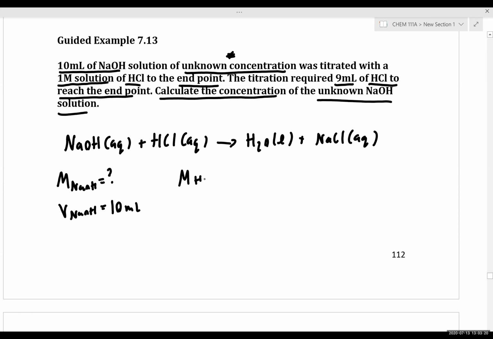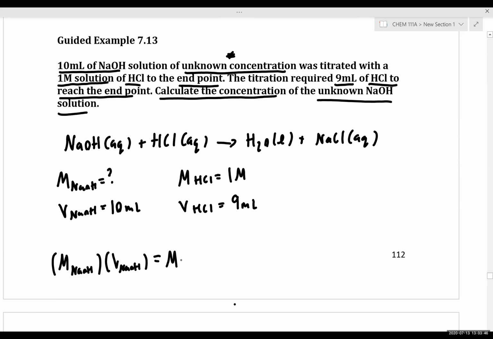The molarity of our HCl solution is 1 molar. The volume of HCl solution required to reach our endpoint is 9 milliliters. Okay, so we know that at the equivalence point, the molarity of sodium hydroxide times the volume of sodium hydroxide is equal to the molarity of HCl times the volume of HCl.